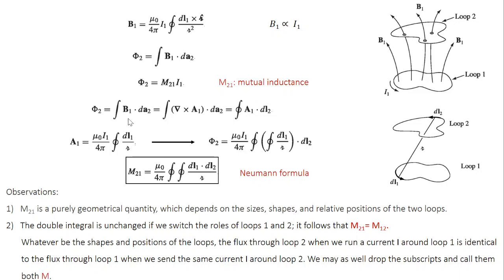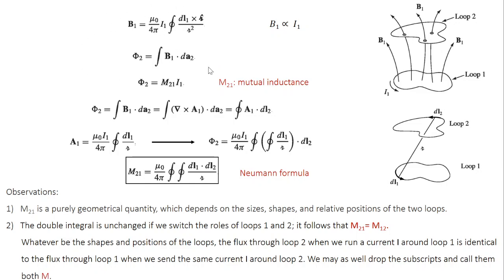Now, you can always write the magnetic field in terms of the magnetic vector potential. So phi 2, which is written as integral B1 dot dA2, can now be represented as integral curl of A1 dot dA2. This is an area integral which I can convert into a line integral using Stokes theorem as closed integral A1 dot dL2.